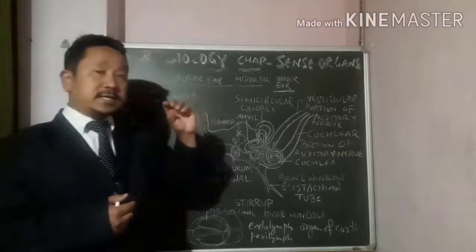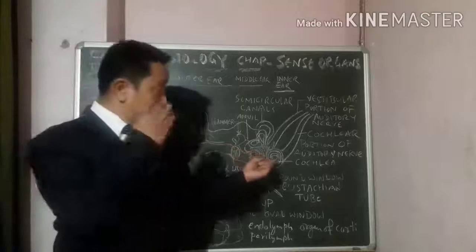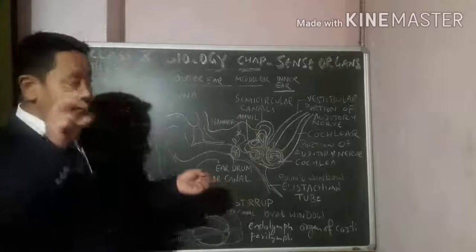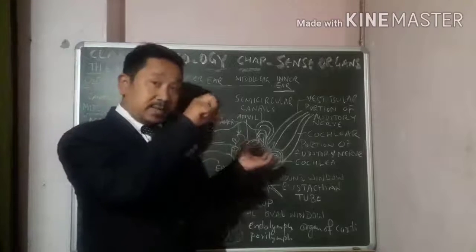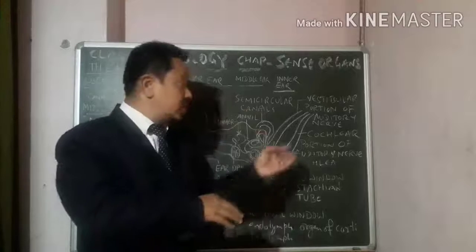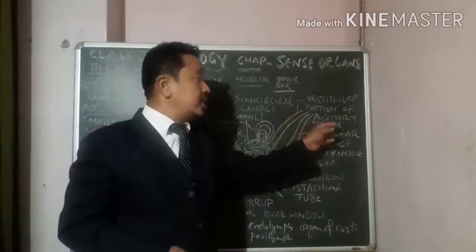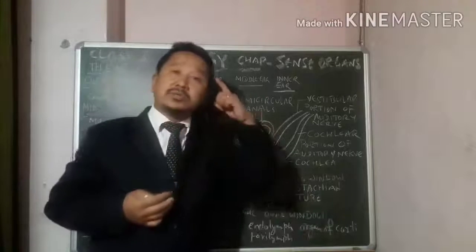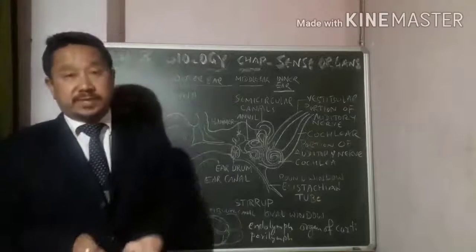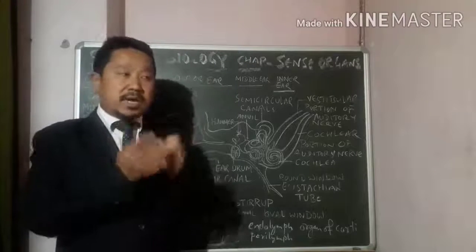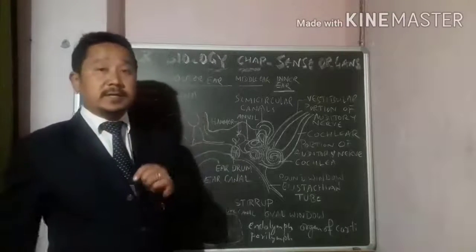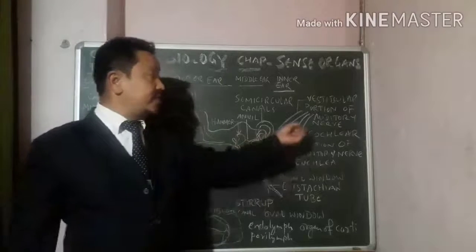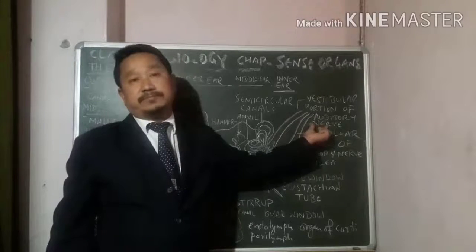The impulse of sound is collected by the auditory nerve, which finally carries it to the brain, where it is perceived and understood what kind of sound it is. That impulse is carried by the auditory nerve itself.